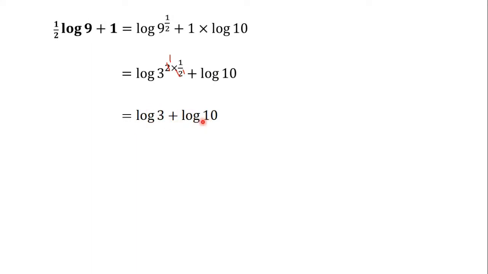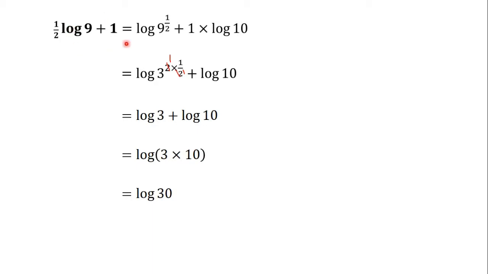We just learned that to simplify this, since they have the same base, you write log to the base 10, then we multiply the logarithm numbers since they are adding. So 3 times 10 will give us log 30.